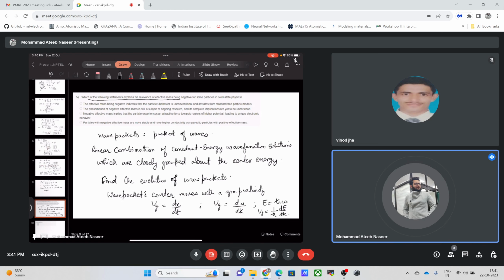It is as simple as that. This is the energy dispersion relation derivative. These can be interpreted as the center values of the energy and the momentum of this wave packet. These are quantities that would help us determine the evolution of these wave packets.